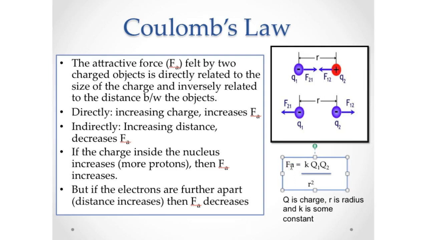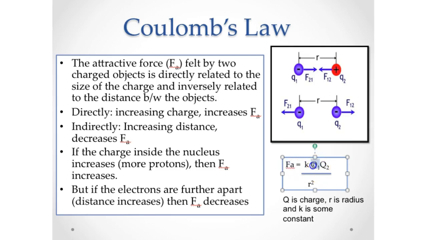The way it works is that two atoms can attract one another, but also the nucleus of one atom can be attracted to the outer electrons because they're oppositely charged, right? So this formula helps us understand the magnitude of the attractive force between two things.